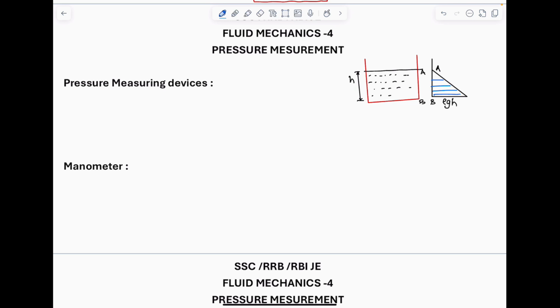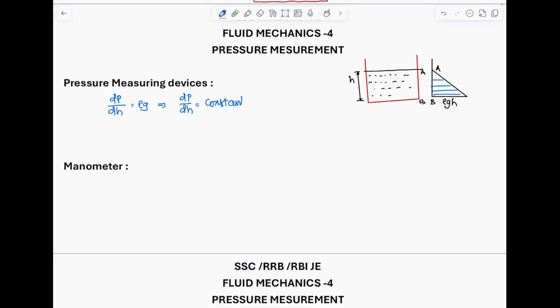dP by dH is equal to rho g, where for the given system of fluid properties and for given system of temperature and other environmental conditions, this implies dP by dH is equal to constant.